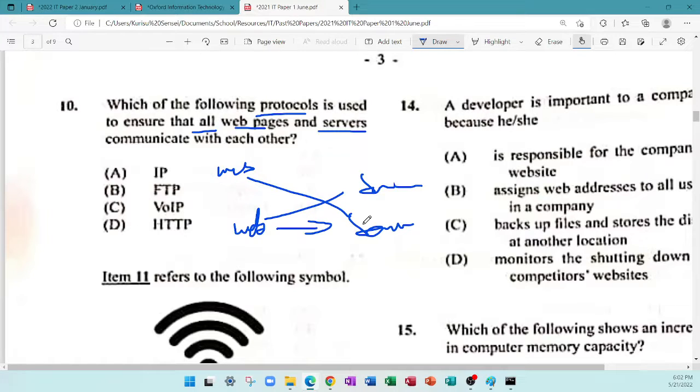Sir, I just googled the HTTP thing, right? And it said it's a standard application protocol used for exchanging files on the World Wide Web. HTTP. Yup. Exchanging files.